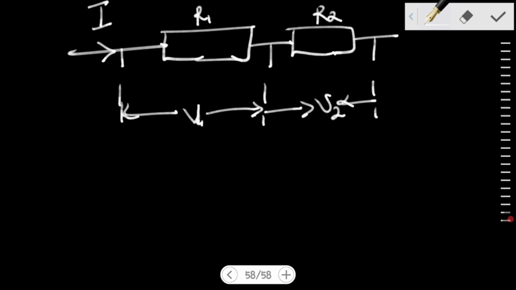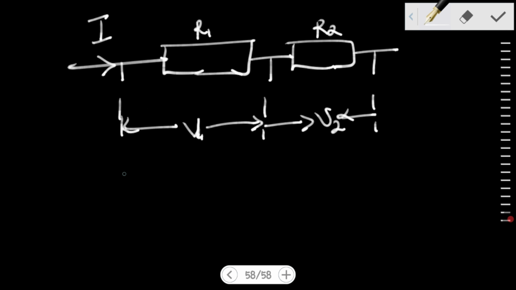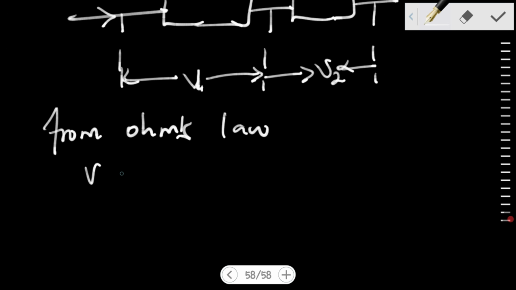So for me to get the effective resistance, I know that current is the same, but from Ohm's law, we know that V is equal to IR.